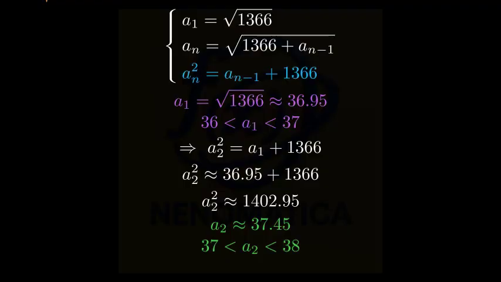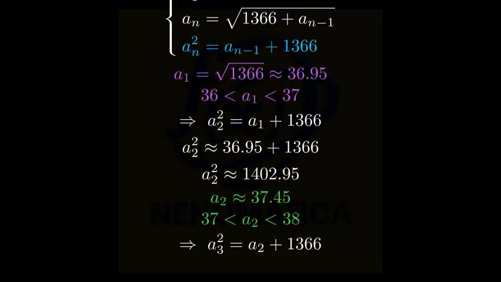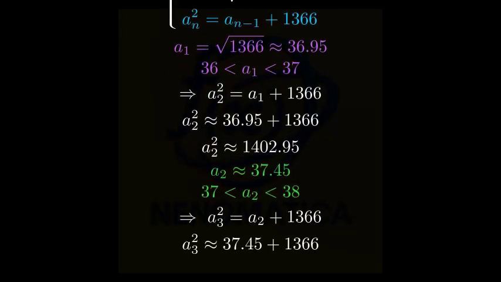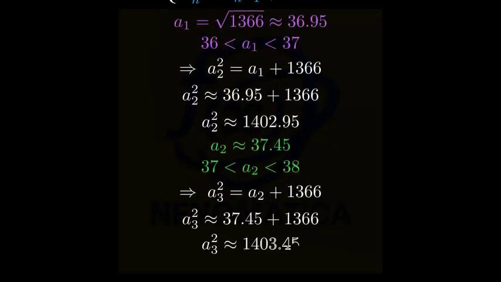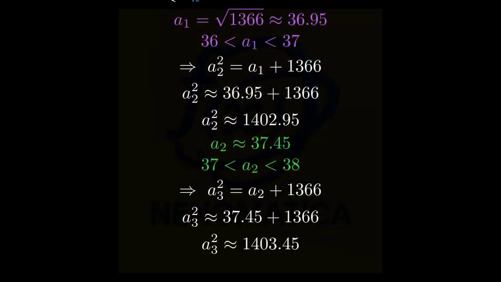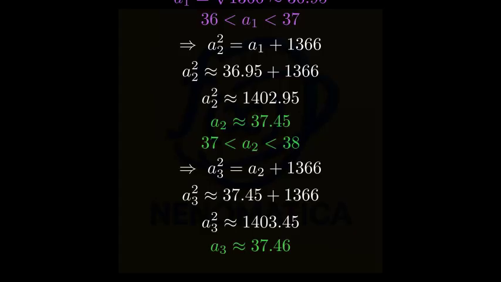Next, n equals 3. We again use a_3 squared equals a_2 plus 1,366. Using a_2 about 37.45, we get a_3 squared about 37.45 plus 1,366, which is 1,403.45. So a_3 is about 37.46.